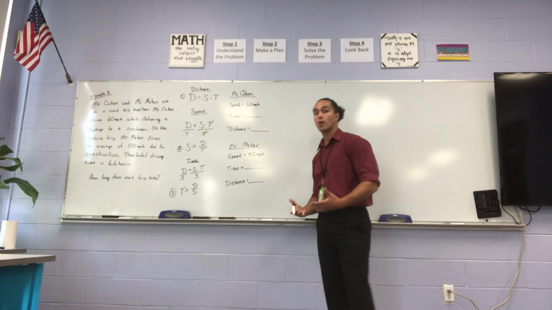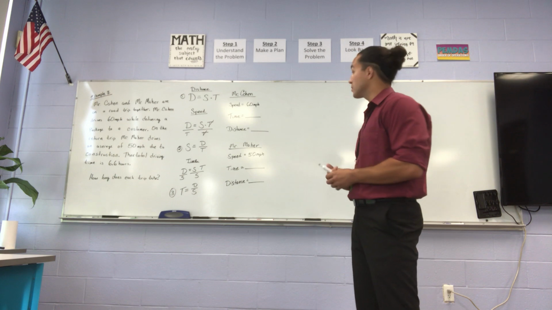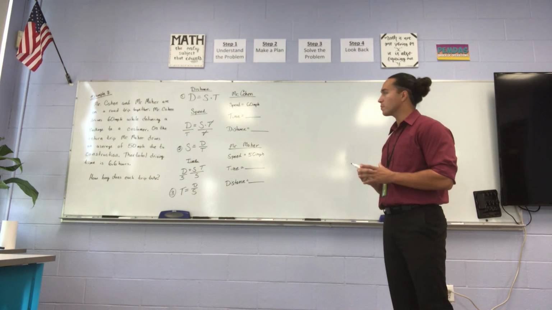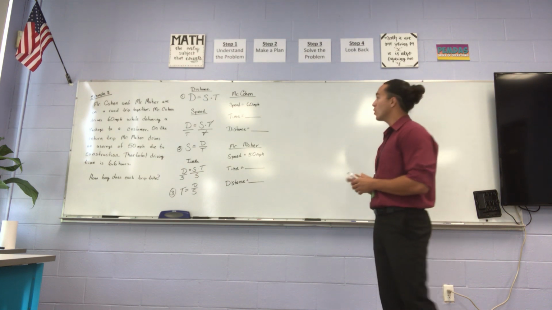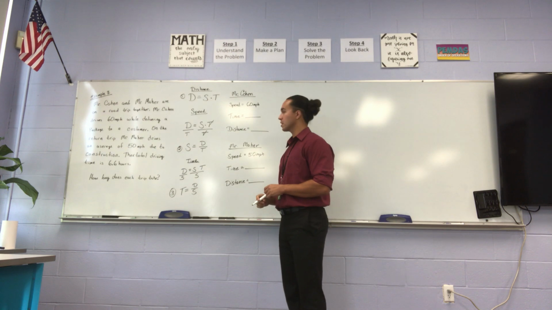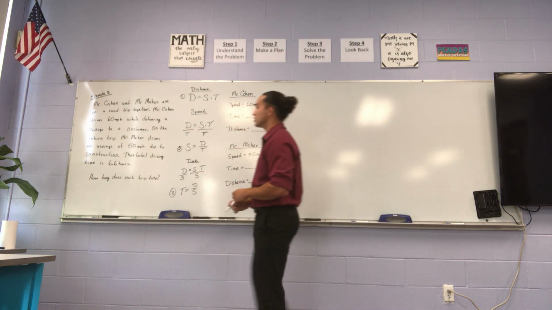So we have too many unknowns to just choose one of these equations to solve for our unknown variable. But using a little bit of logic, what do we know about the total time? We know that the total time is 6.6 hours.